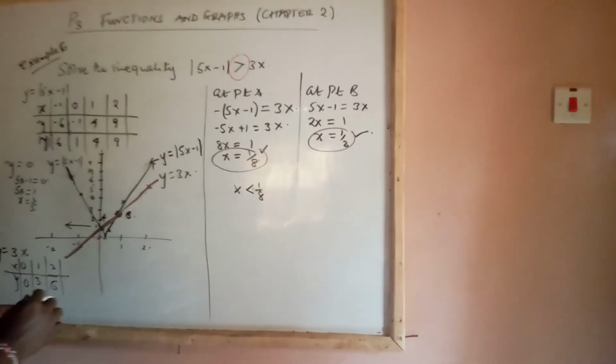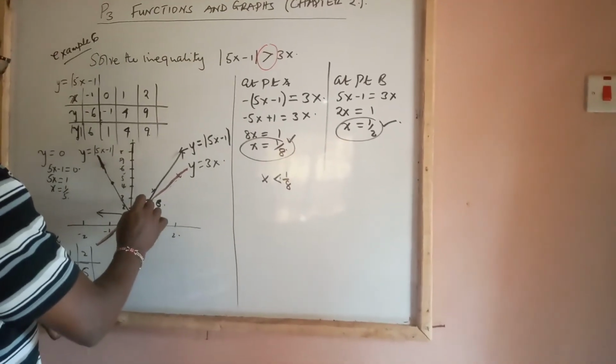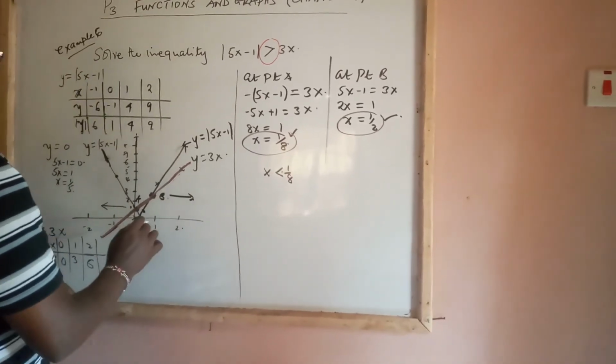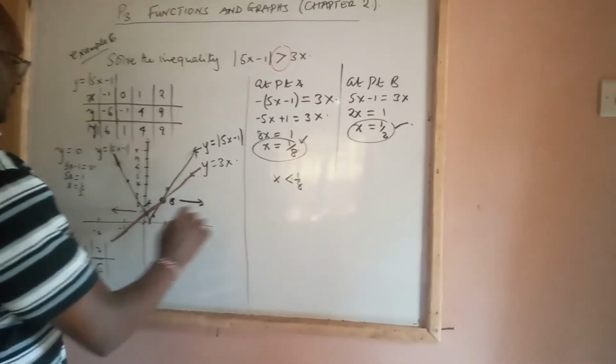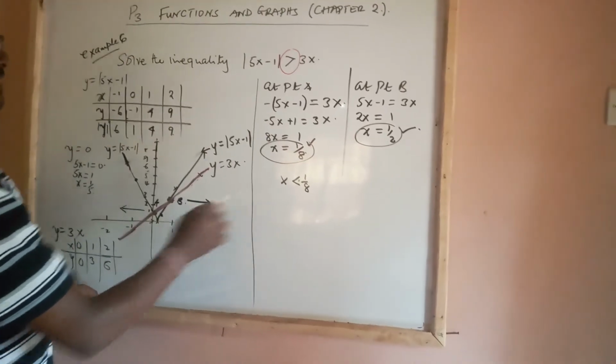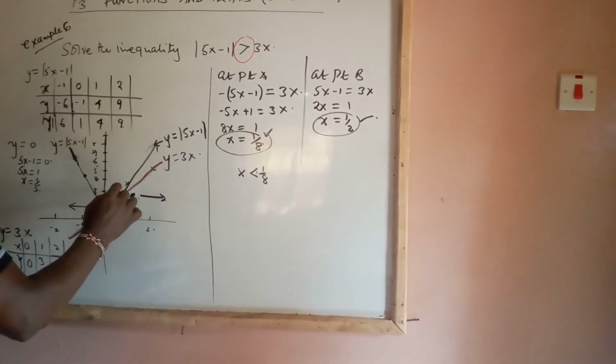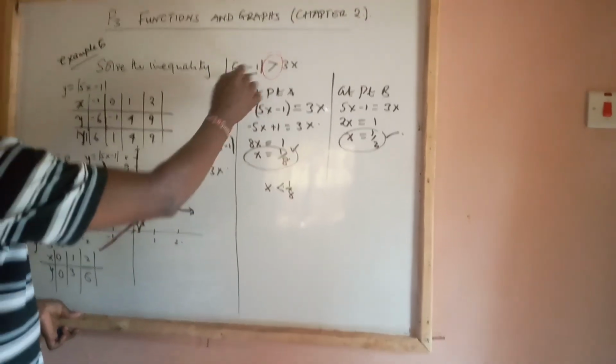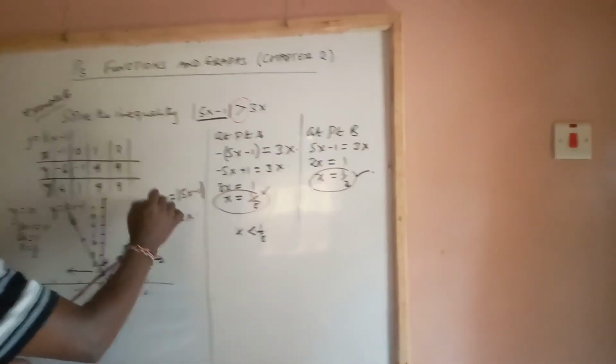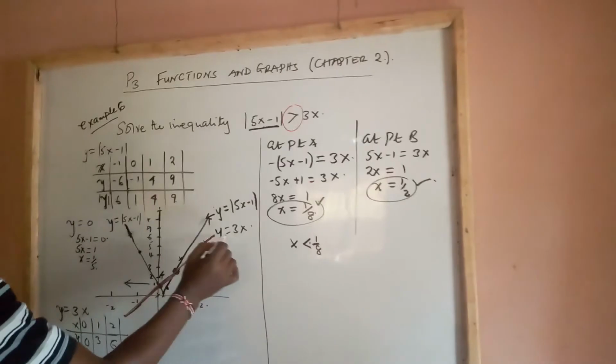Let's go to point B. You can see from here, moving forward, for every value of x that is greater than a half, the values of y of the modulus part are always greater than the values of y of the linear graph.